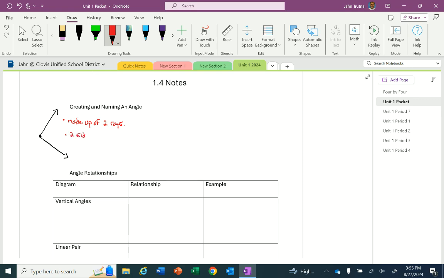So an angle is not a shape per se, but it does have two sides, okay? And the third thing that we have is that it has one corner known as the vertex.